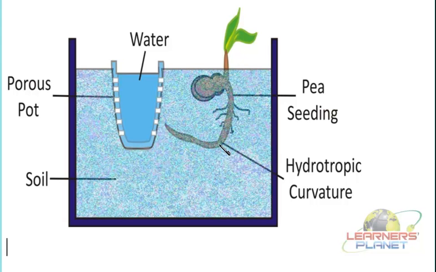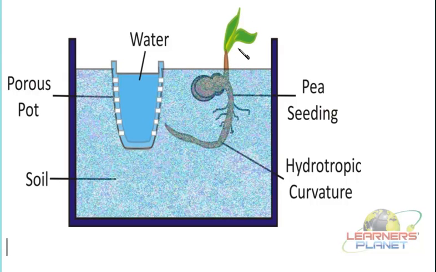And further you can see that the tip of the root is growing towards the water, towards this porous pot, the place where the maximum water is placed, isn't it? The pot is porous, so the water tends to move into the soil also. That is giving a stimulus about where more water is present. So the roots tend to go towards the site where more and more water is available.